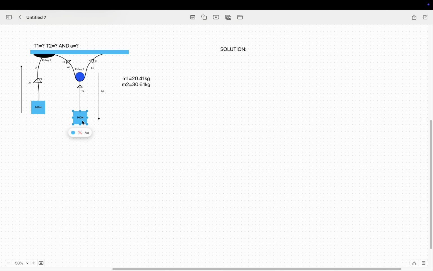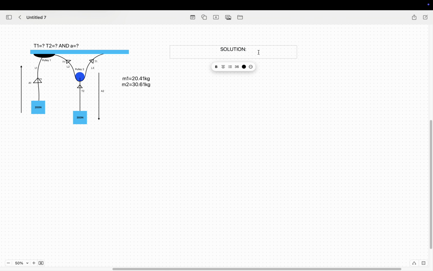Similarly, the weight of the second object is directed downwards, so the tension on that second object is also opposite. And now from our basic sense, we will try to derive the equations.